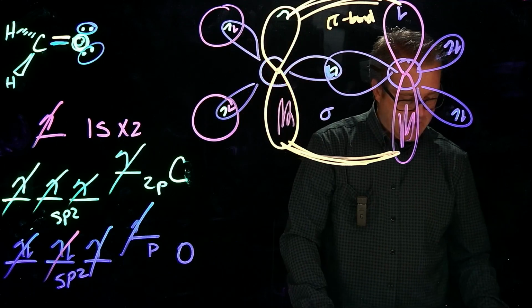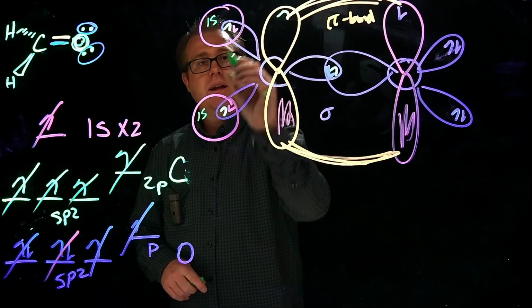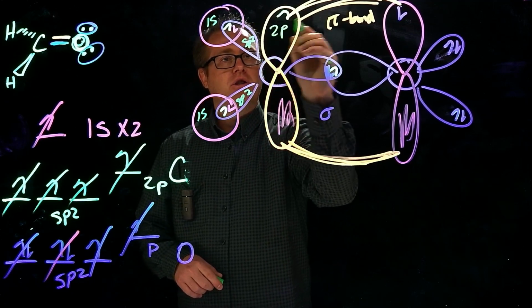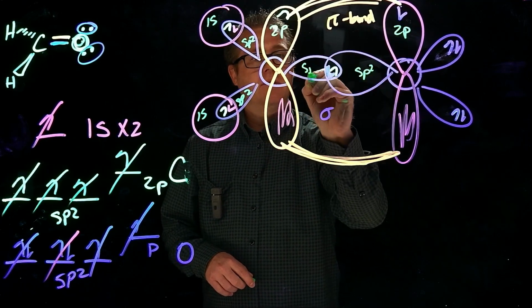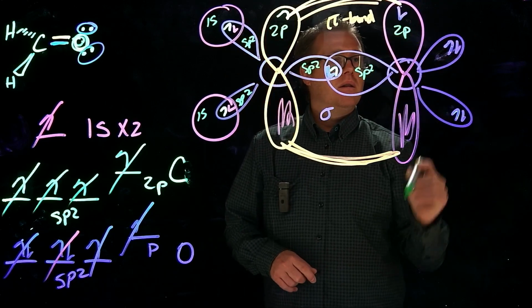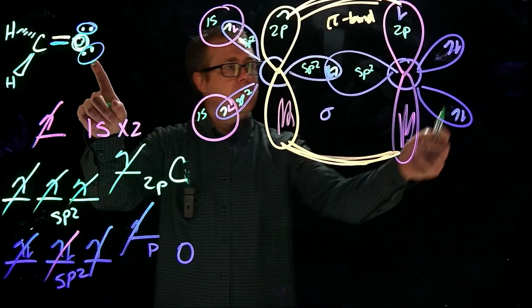So when we go through and label this, that's a 1s, 1s, sp2, sp2, 2p, 2p, sp2, sp2, and these lone pairs right here, what orbitals are those in?